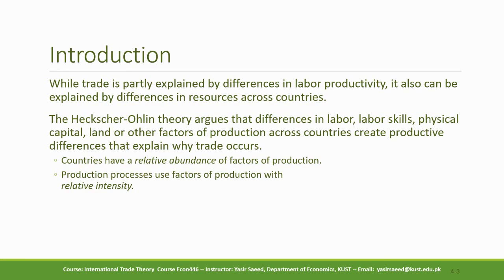It means that in some countries labor will be used more as compared to capital, whereas in certain countries we will be using capital more as compared to labor. It depends entirely on the abundance of these resources.